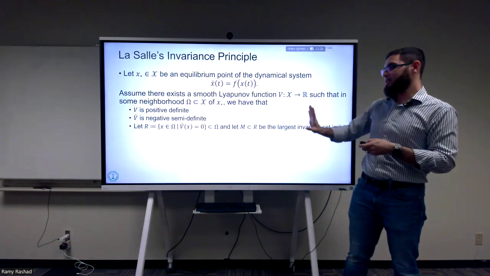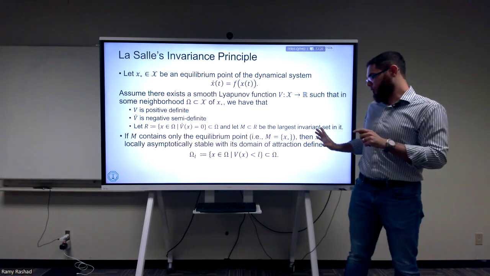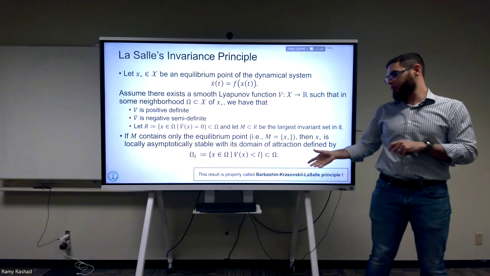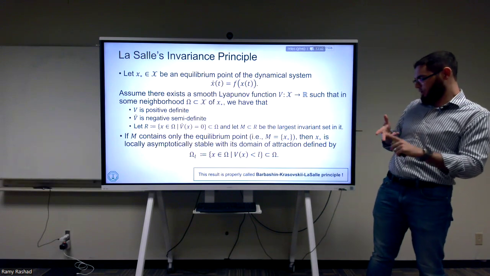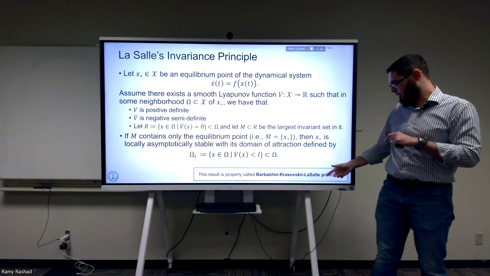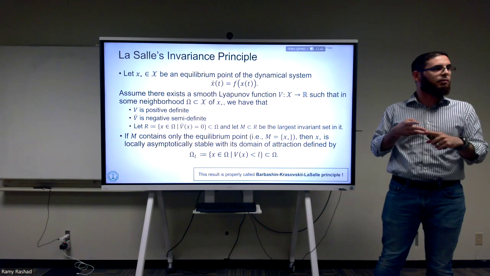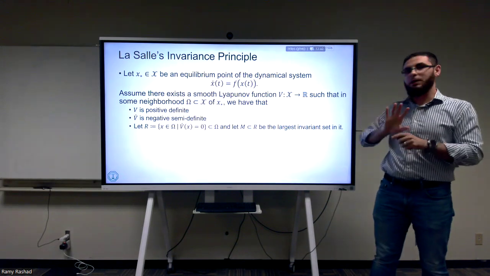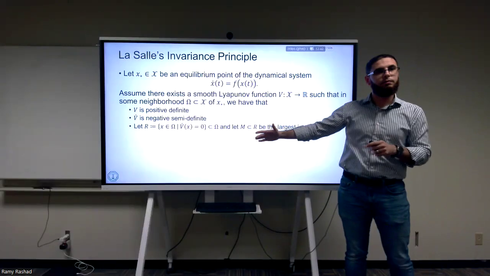Actually, just to be precise, this result is attributed to Barbashin, Krasovsky, and LaSalle. These are three people that contributed to this result. LaSalle's invariance principle by its own is only this part.